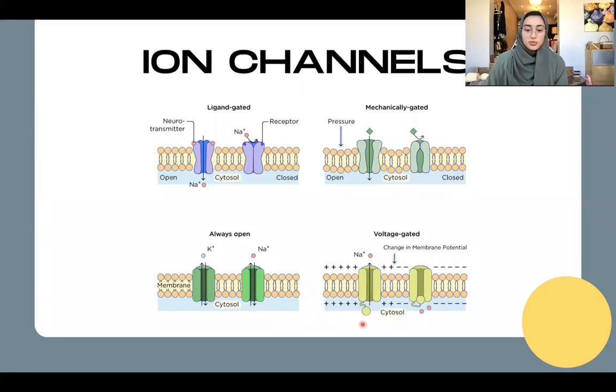So for example, we said usually the inside is more negative and the outside is more positive. Specific things can change this gradient, and once you hit a specific value or threshold, that's going to cause it to open. If that was a bit confusing, it's okay. We're going to go over the concept a bit more later. Okay, but these are just the things you can see. So you have those that are always open, ligand gated, mechanically gated, and voltage gated.